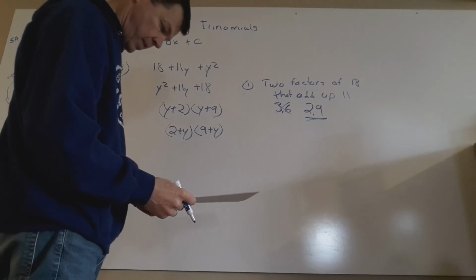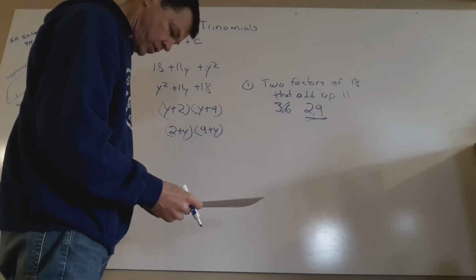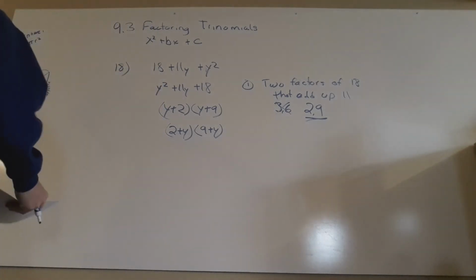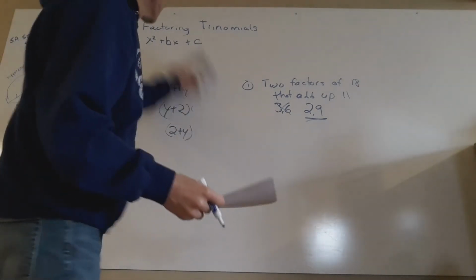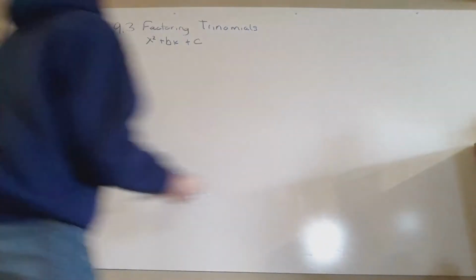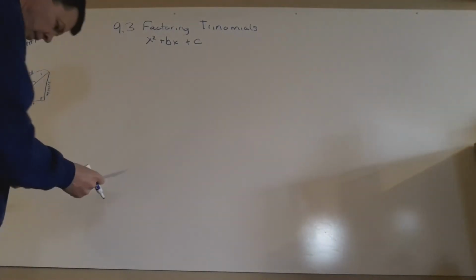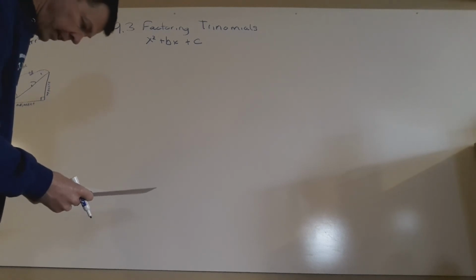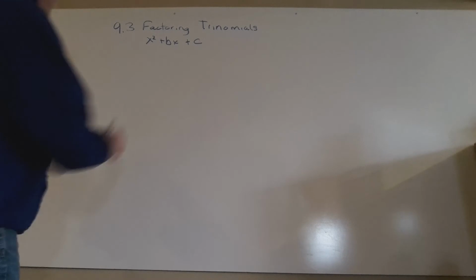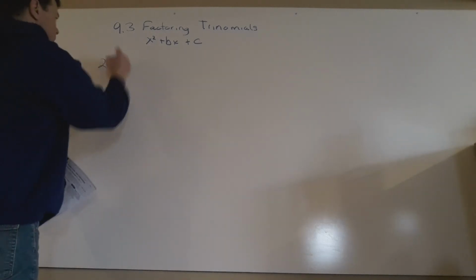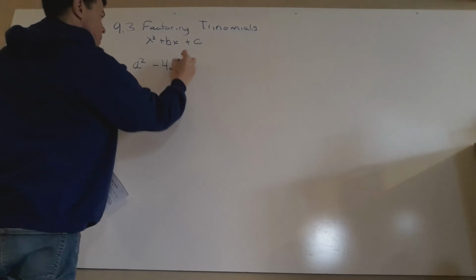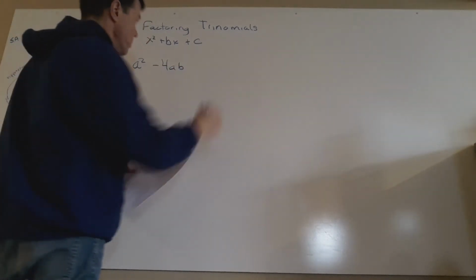How about number 20. It's a little different format, but I think it'll still come up with the right answers on these. 20 is a squared minus 4ab plus 4b squared.